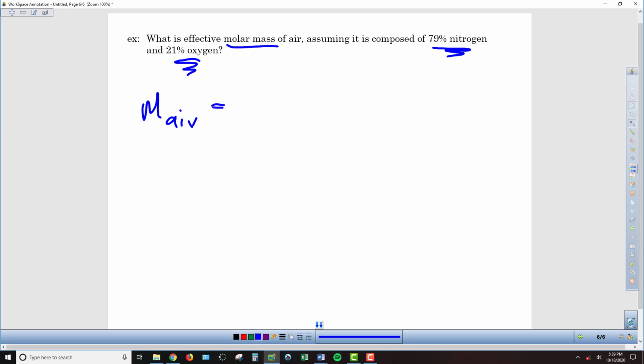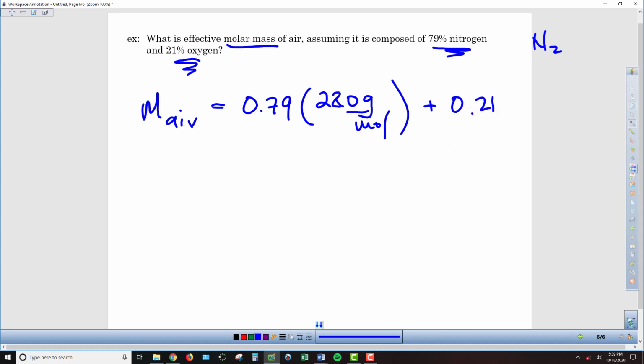And so the way we can do that is to just take the 79% that is nitrogen, so take 0.79 and multiply that times the molar mass of nitrogen. So nitrogen has a molar mass of 14 grams per mole. Since it exists as N2, we need 2 atoms of it. So we've got 28 grams per mole. And then we're going to add to that the 21% of oxygen.